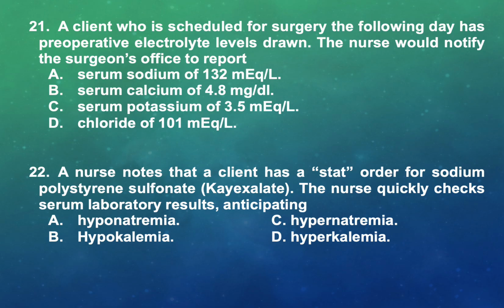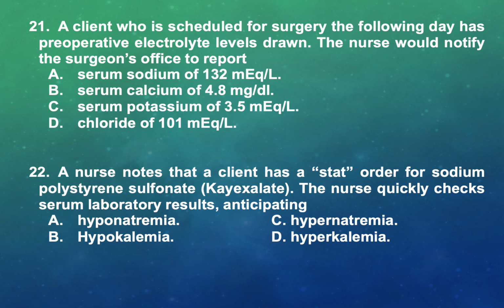While 3.5 is technically at the lowest edge of normal, any borderline low potassium level must be reported to the surgical team preoperatively. Anesthesia, surgical stress, and perioperative fluid administration can accelerate potassium loss. Hypokalemia during surgery can predispose a patient to dangerous cardiac arrhythmias under general anesthesia. 21, answer is C.